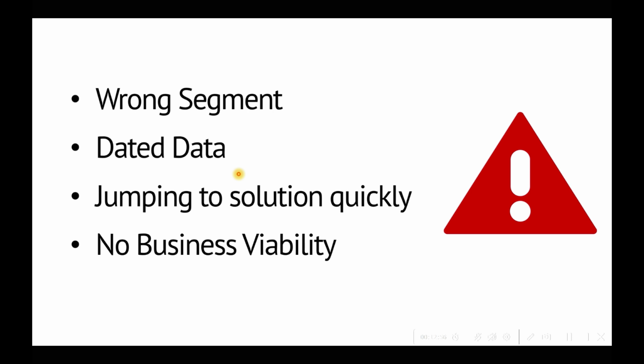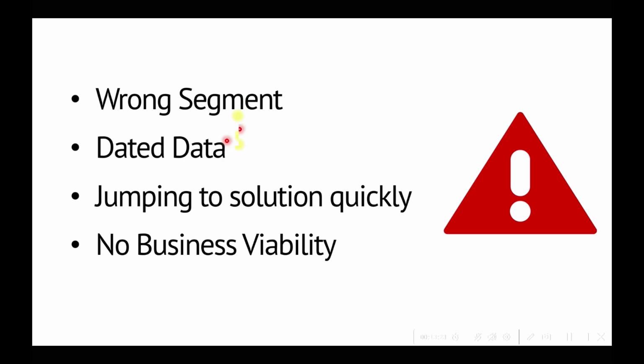In that case, you will have some data points available within your company, and make sure that you are not looking at data which is too old, incorrect, or incomplete. If you are referring to data for any kind of insights, make sure that it is not old, it is not incomplete, and it is relevant to the segment that you've selected.